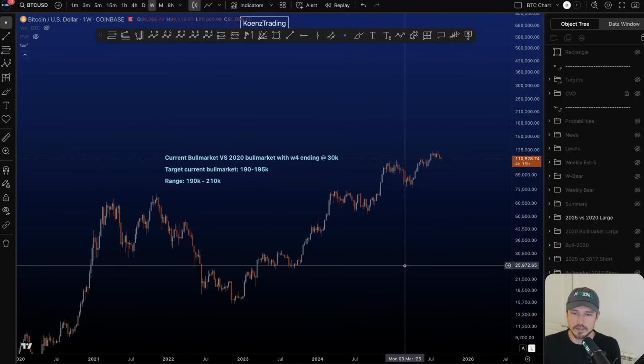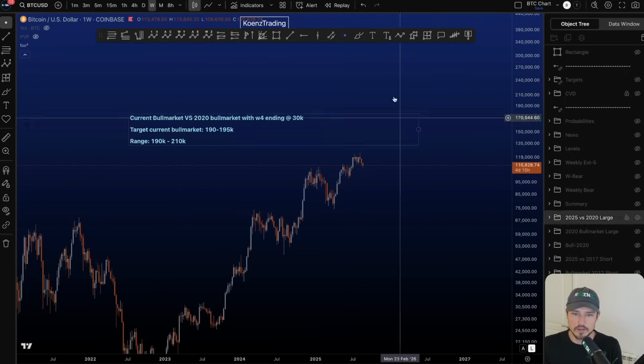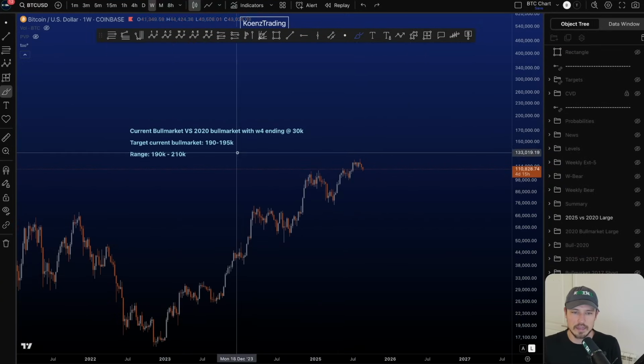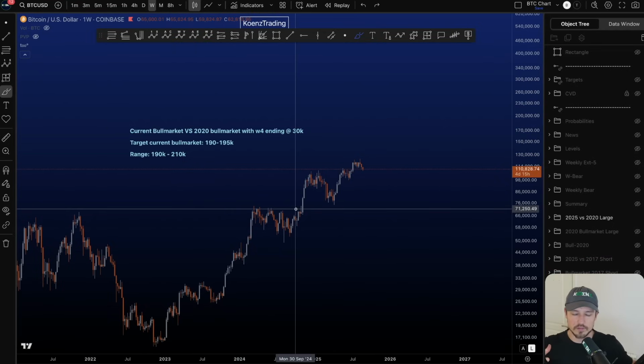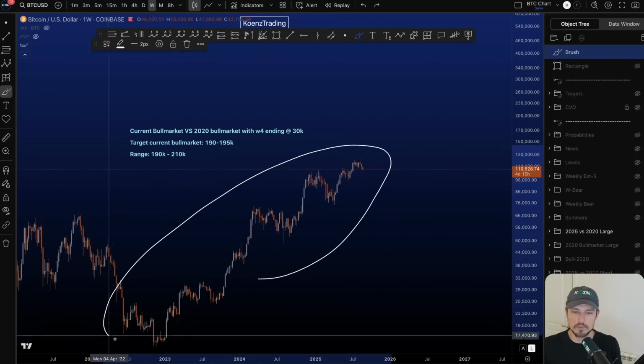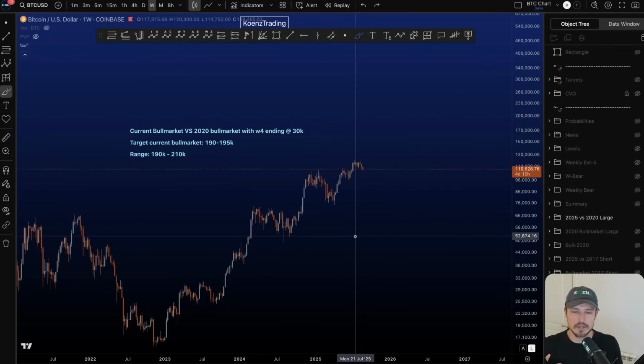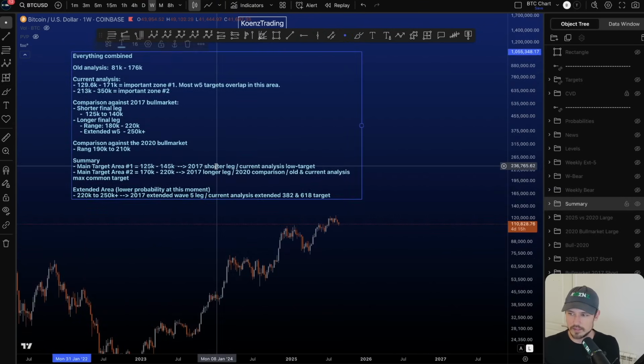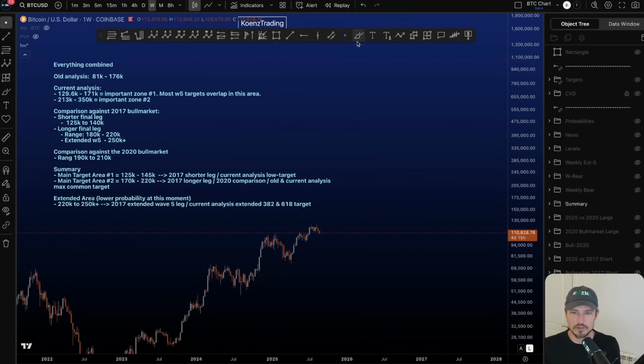We're going to compare it against the current bull market. So again, I use the target from the low here to about 100K. And then the target calculation, if we compare 2020 with the current bull market, would end between 190K and 210K. So if we compare all of these numbers and summarize it, this is definitely a longer video, but it's super interesting.